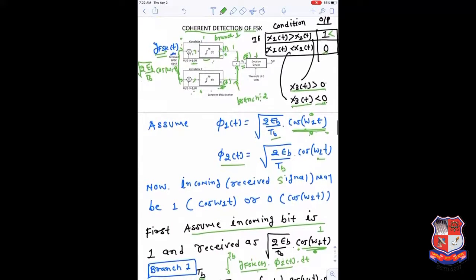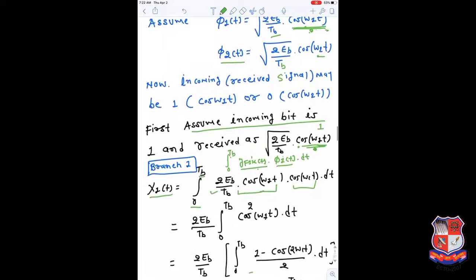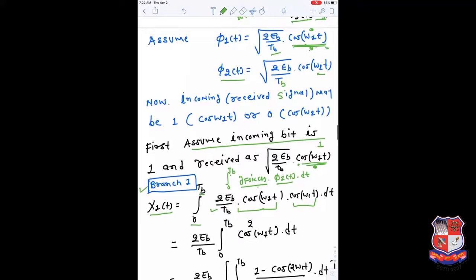Okay, now the signal goes in parallel to both the branches. We first consider branch 1, the upper branch, where the signal is multiplied with phi 1 of t.